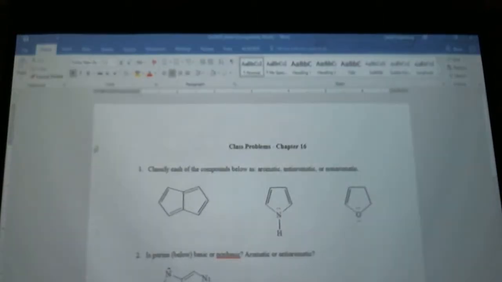So, just a review from last time, we started looking at heterocycles.